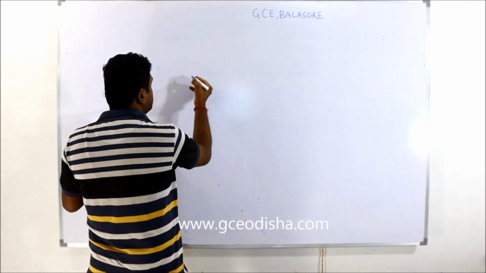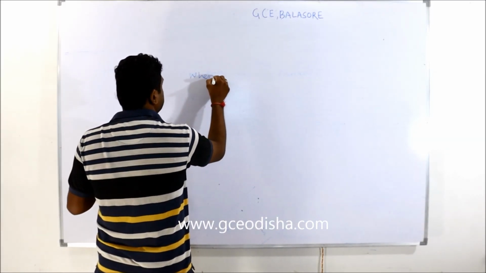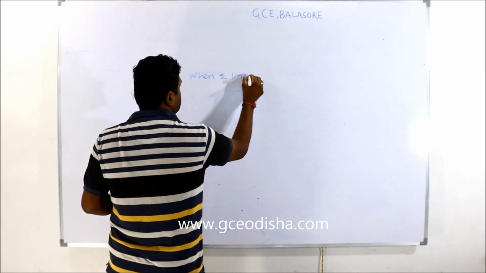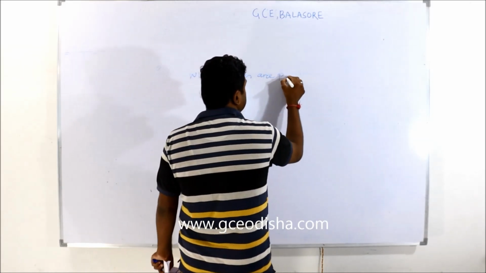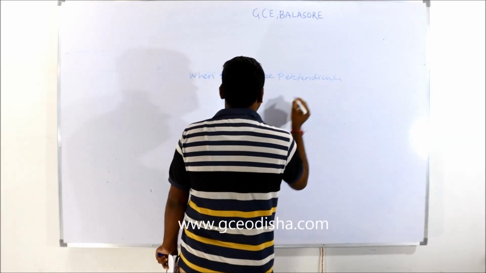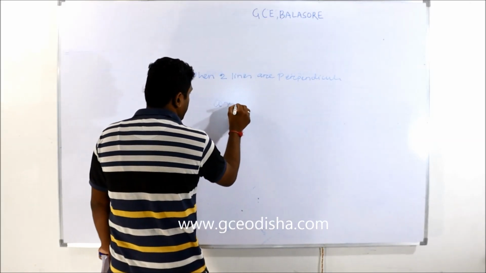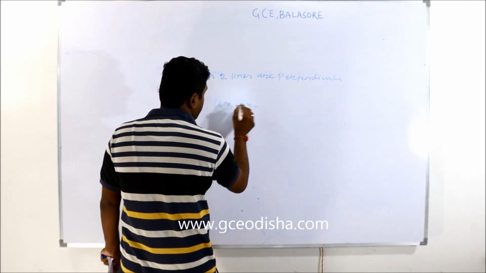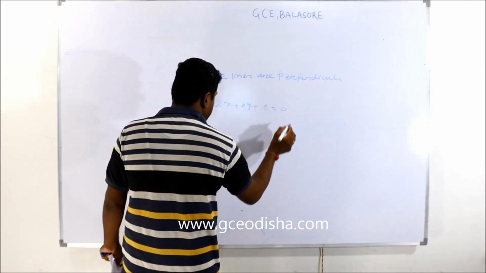And how can you find when two lines are perpendicular? Some equation is given as ax plus by plus c is equal to 0, right?